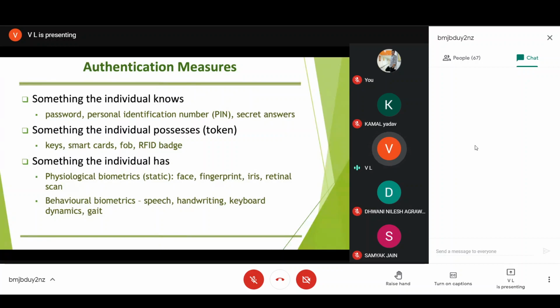So generally, it will be like name of their pet. It could be the mobile number, or it could be the mobile number in the reverse order, or it could be the date of birth, or it could be the name of the person, name of their father, mother, something the name of the person that they know, or it could be their own name.